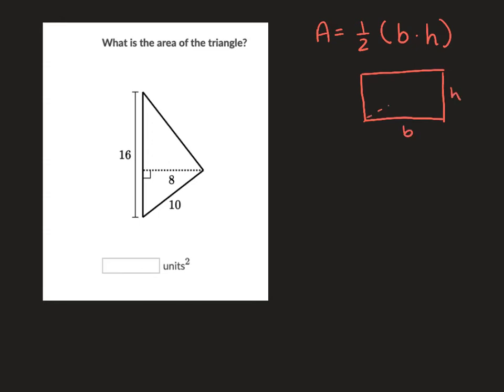If you divide the rectangle in half, you have yourself a triangle. See? And that's half the rectangle, which is where the half comes from. 1/2 times the base times the height. That's how the formula for the area of a triangle was born. Some mathematician thought that. In retrospect, it's actually kind of easy to see it now, but back then it wasn't.